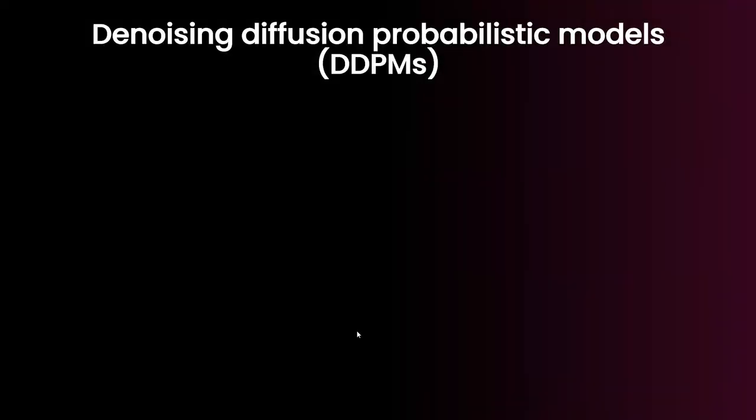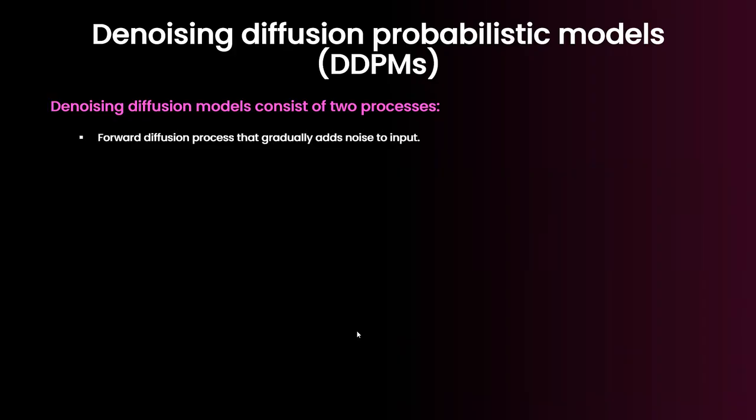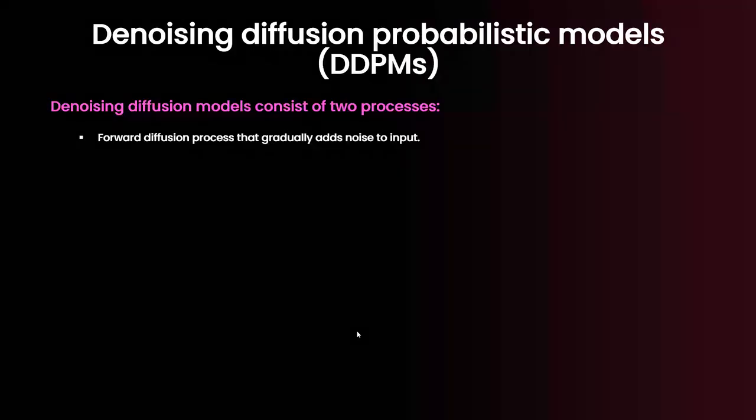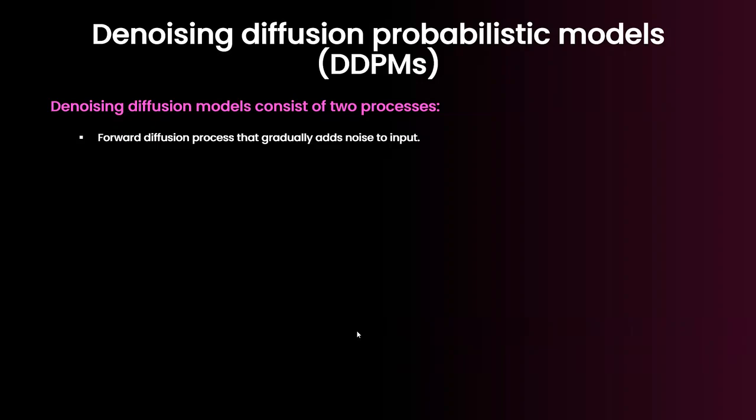Regarding the denoising diffusion probabilistic models, it consists of two processes. The first one is the forward diffusion process, which is gradually adding noise to the input image. The second one is the reverse denoising process, which learns how to denoise the image, removing the noise that was added in the forward process.